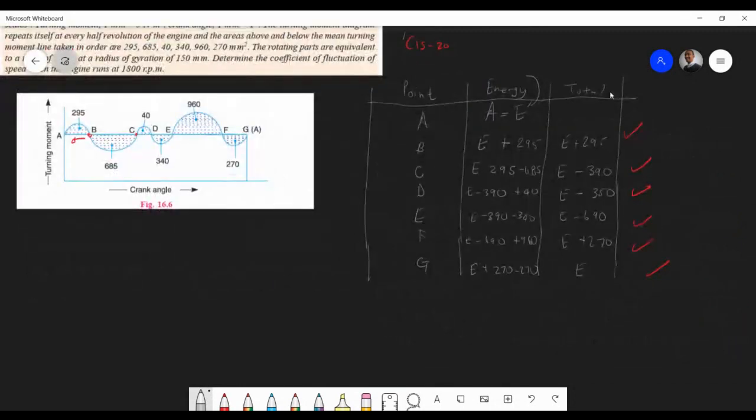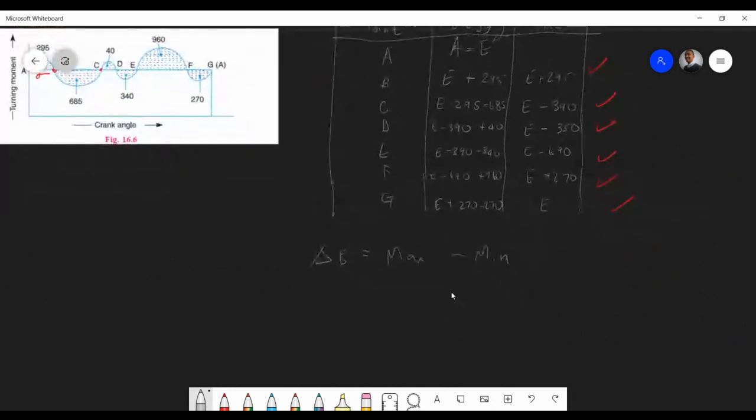All right. So what we're doing is finding the fluctuation of energy. That's the next step. It's the maximum energy minus the minimum energy. So looking at this column over here, column 3, where is the max value, Silas? And I'm not talking about absolute values, I'm talking about actual values.